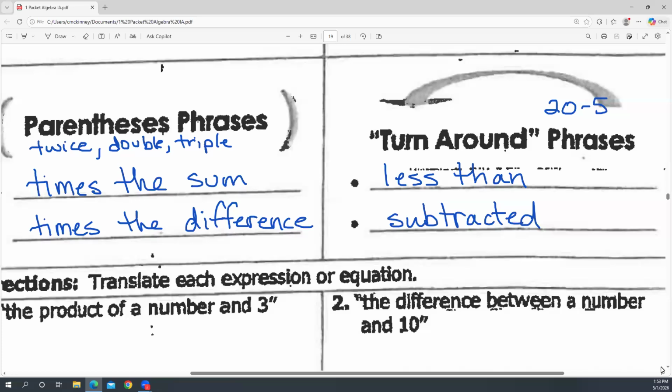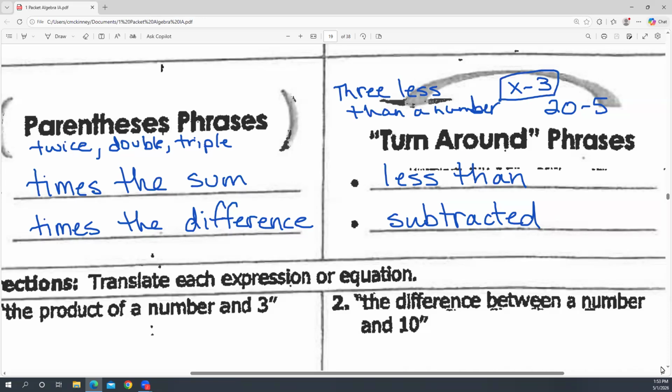So if I said something like 3 less than a number, well, first off, a number, we're just going to give a variable, like x for a number. But 3 less than a number means I'm taking 3 away from something.